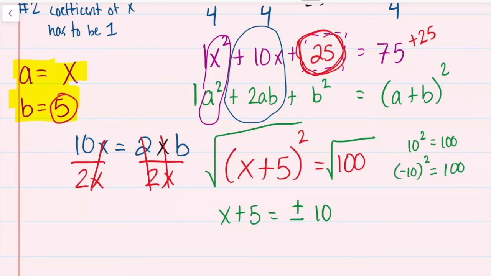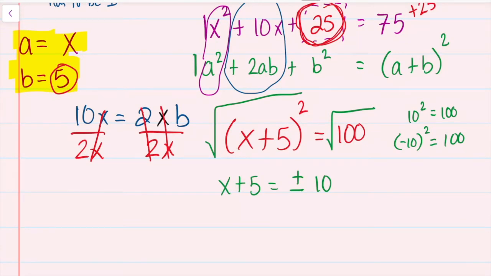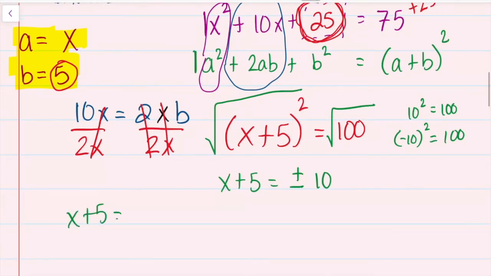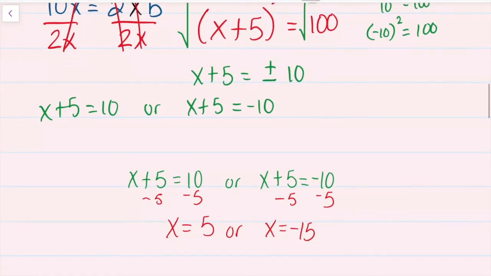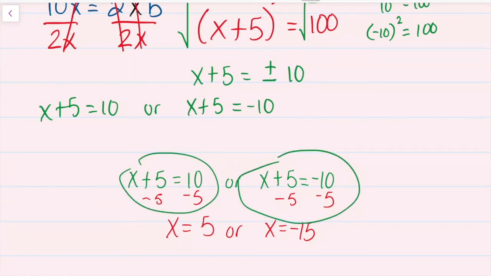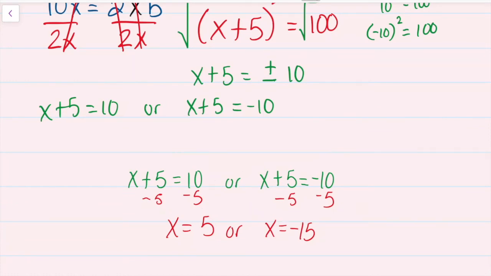Those are your two possible options. So let's split them. X plus 5 equals 10. Or x plus 5 equals negative 10. Oh, look at that. I already have it down here. And once again, let's subtract the 5. Subtract the 5. When you do this, my answer could be either x equals 5 or x equals negative 15.